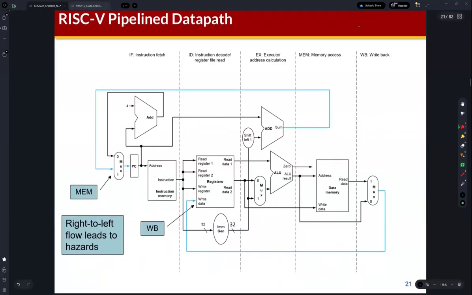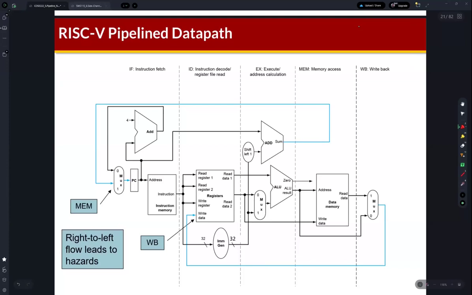So we can start from the single cycle processor architecture. This is the hardware architecture of the single cycle processor. And then we can split the operations of this single cycle processor into 5 operations.